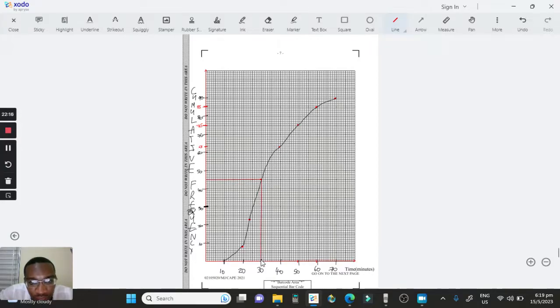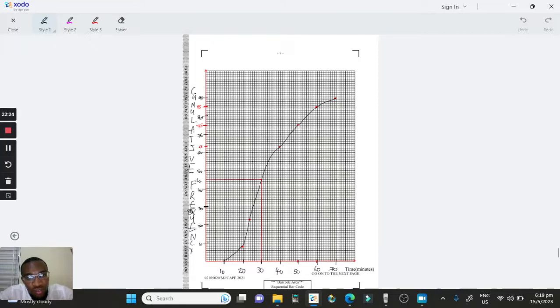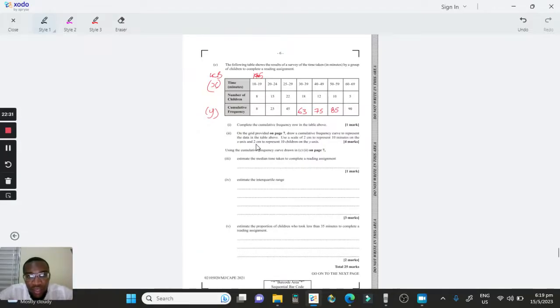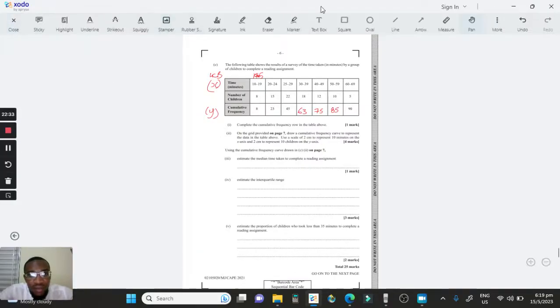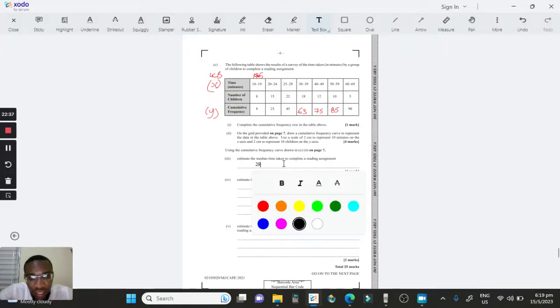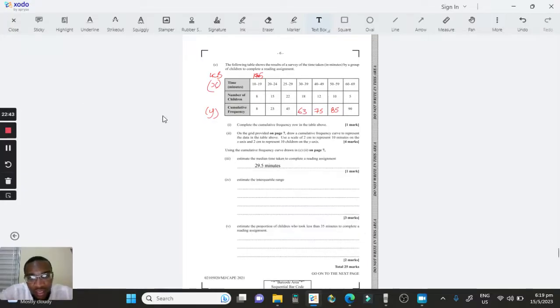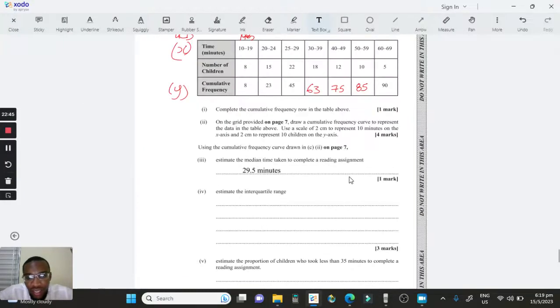So we scroll down, that is 29.5 right there. So from our cumulative frequency, when it was 45, this is our median Q2. Our Q2 is 29.5. So the median time is 29.5 minutes.